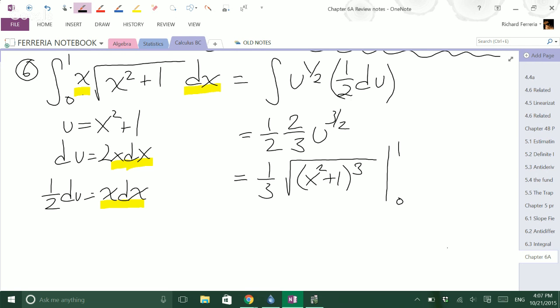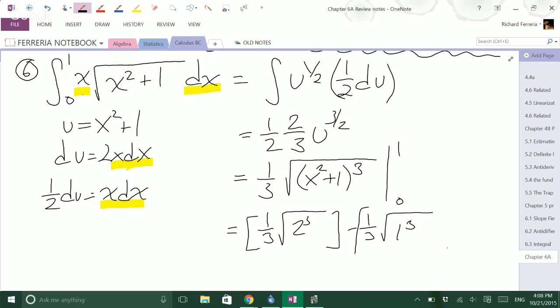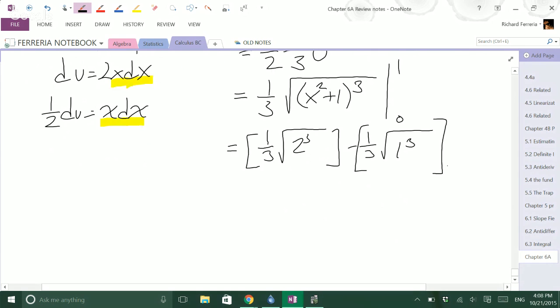Okay, let's do our substitutions. 1/3 square root of 2 cubed minus 1/3 square root of 1 cubed. It looks like the solution manual has a 1/3 factored out.